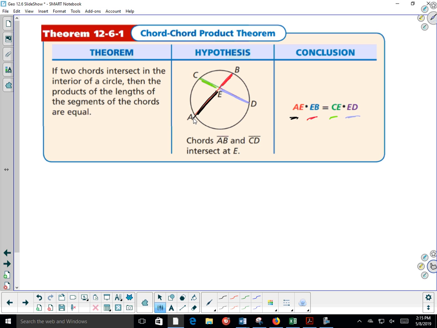For example, if I tell you that CE is 5 and that DE is 12 and that BE is 6, how would you find the length of segment AE? I'm going to get you to help me.